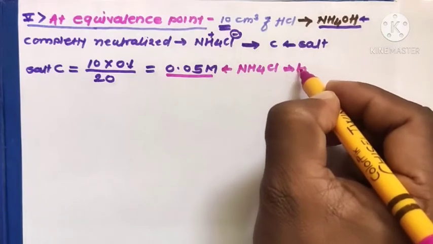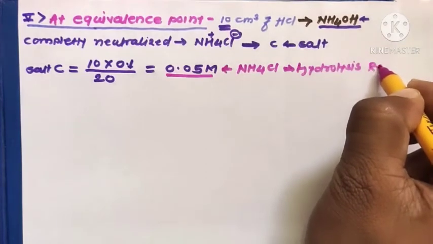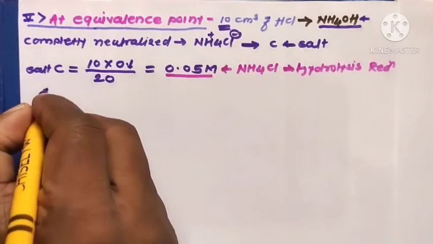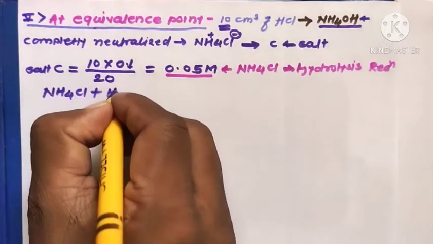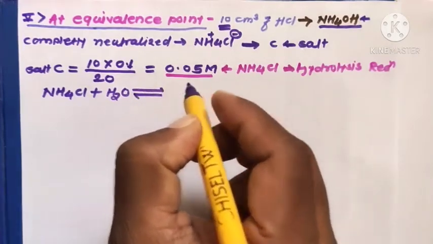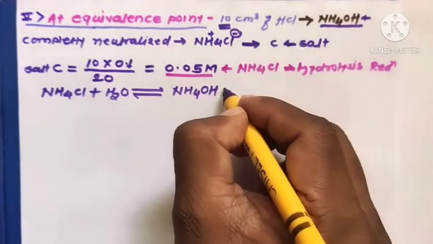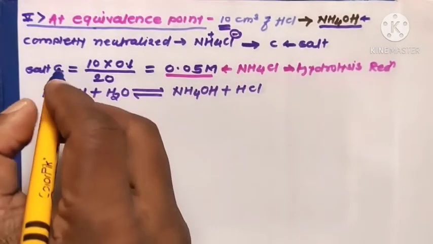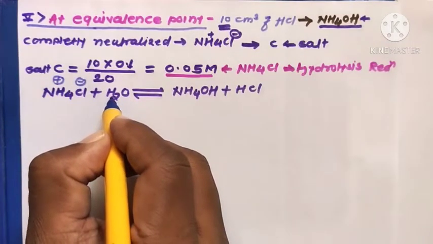Hydrolysis reactions: NH4Cl reacts in the presence of H2O, that is the hydrolysis reaction. It is a reversible reaction, therefore forming NH4OH plus HCl, with the positive charge and negative charge combining with H plus ion and OH minus ion.